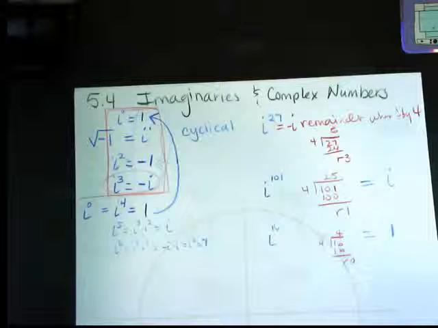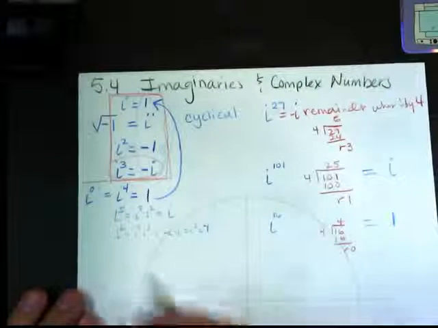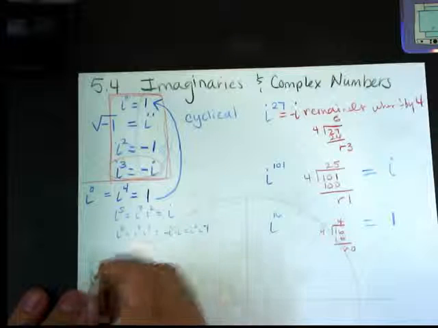Alright, so that's where imaginaries came from. They came from the square root of a negative number. Imaginaries are cyclical, meaning they can have 4 different values based on their exponent. We use these imaginaries in complex numbers.